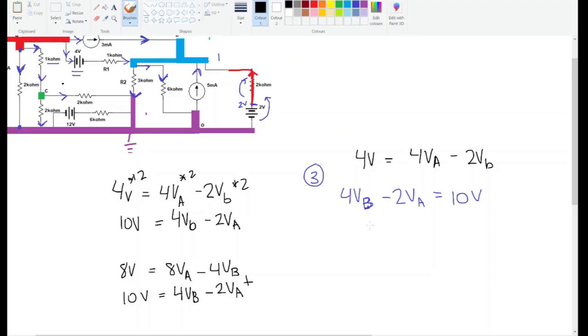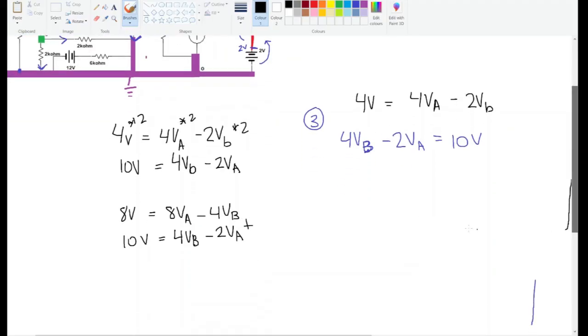Then when you add these equations together, what you end up getting is 18 volts, right? 8 plus 10. It's equal to, you add the VAs together, that's equal to 6VA, right? 8 plus negative 2. And you add the VBs together, so that's just 0VB, so it's gone.